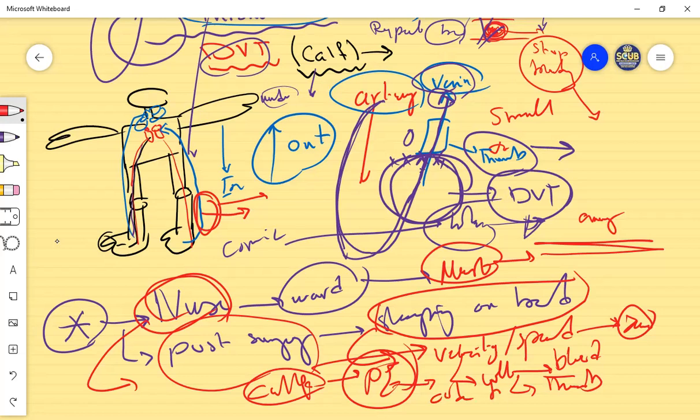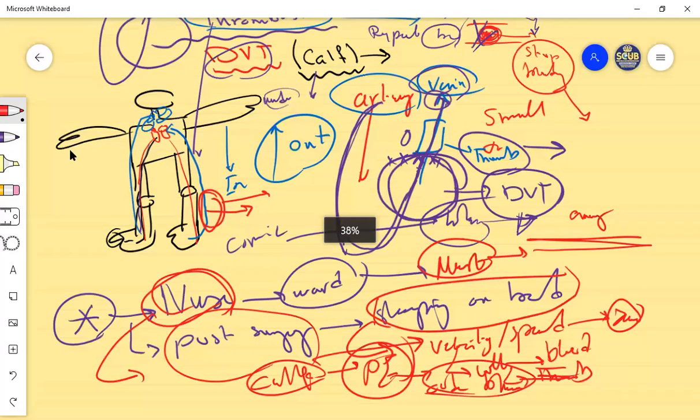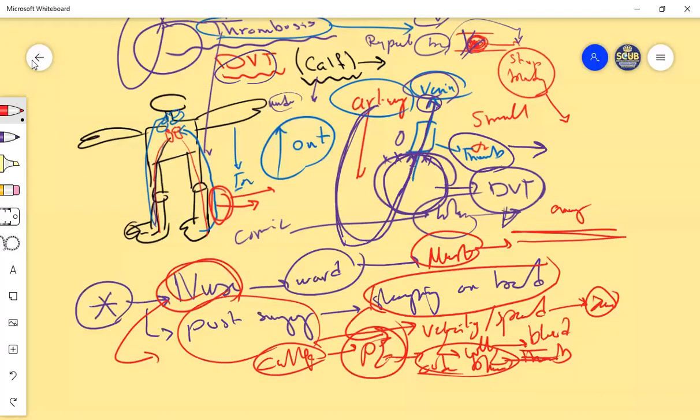And mostly you will use code blue for that emergency. Code blue means it's very dangerous. Why is it fatal? This condition is fatal. It can kill the patient. Why is it going to kill the patient?